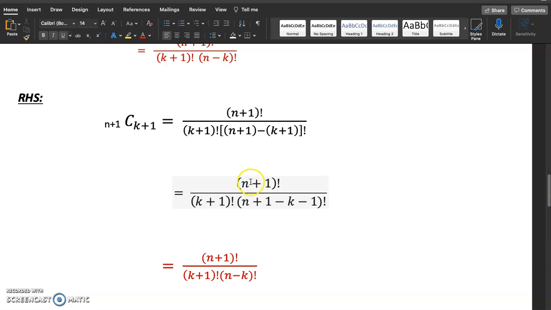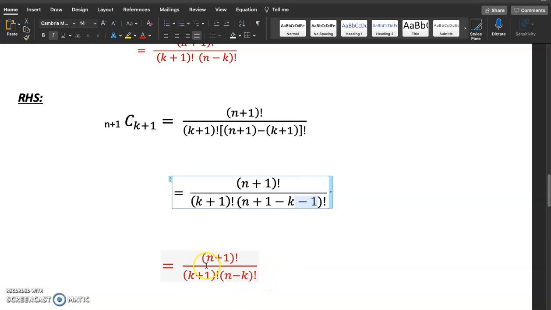So we have n plus 1 factorial over k plus 1 factorial times n plus 1 minus k minus 1 factorial. This plus 1 and this negative 1 cancel each other. 1 minus 1 is 0.